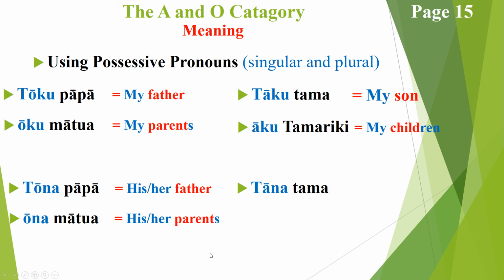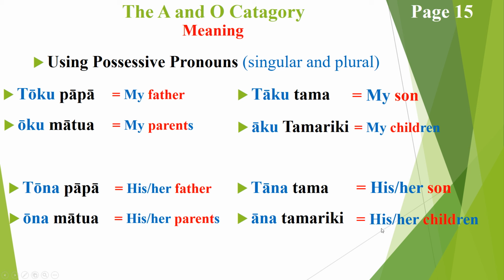Then we've got tāna tama, which means his or her son, which is singular. A category, because he's younger than her. And then we've got āna tamariki, which means his or her children. Dropping the T turns it into plural. Ka pai.